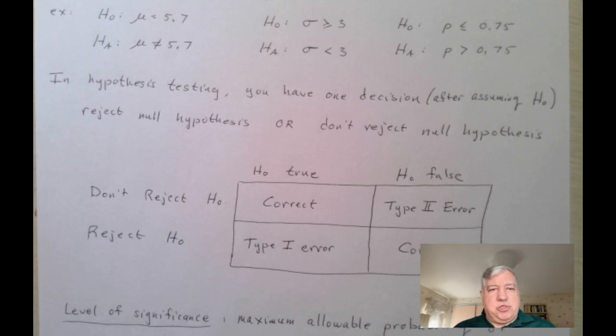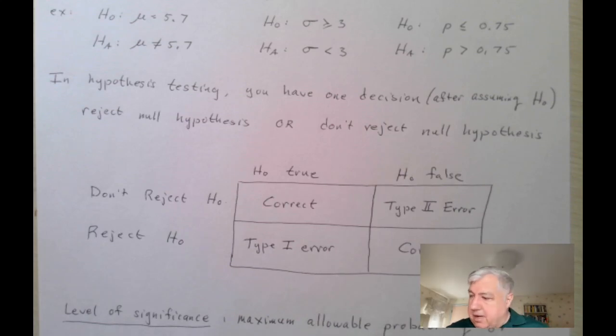And if you reject the null hypothesis, if you say there is enough evidence to say that this null hypothesis is not true, then there is evidence to support the alternative hypothesis. If you don't reject the null hypothesis, it's basically saying your test is inconclusive. So there's not enough evidence. That doesn't necessarily mean that the null hypothesis is true in this case. It's just that there's not enough evidence to reject it.